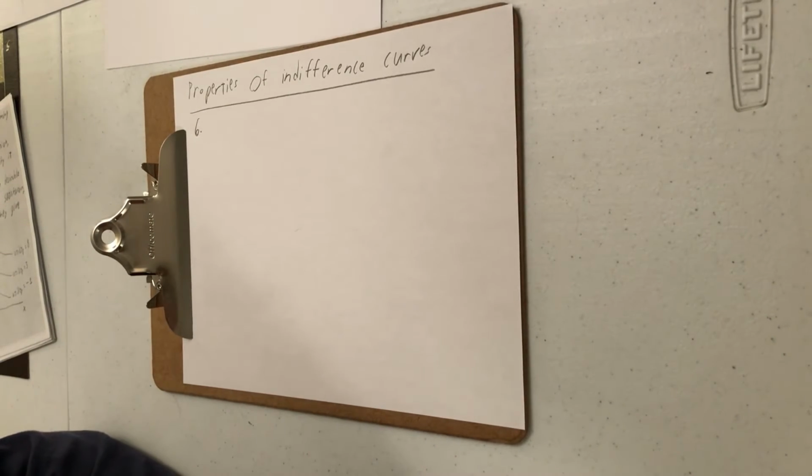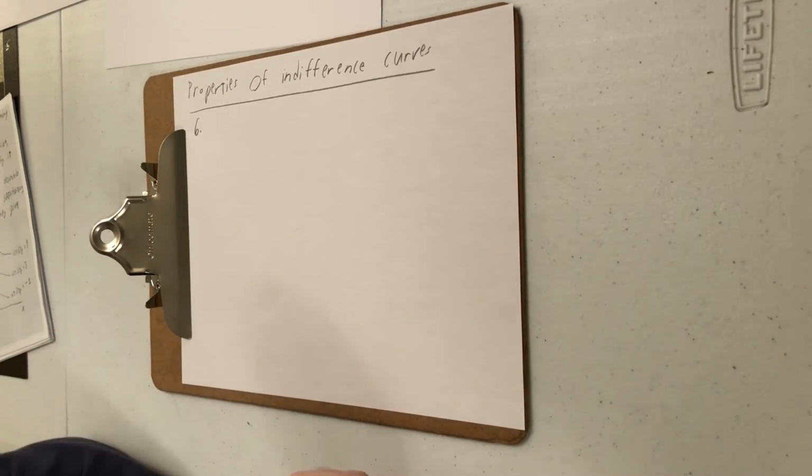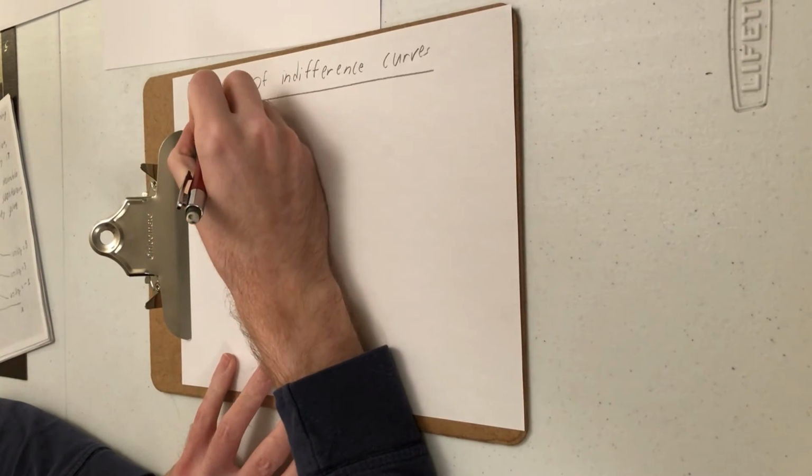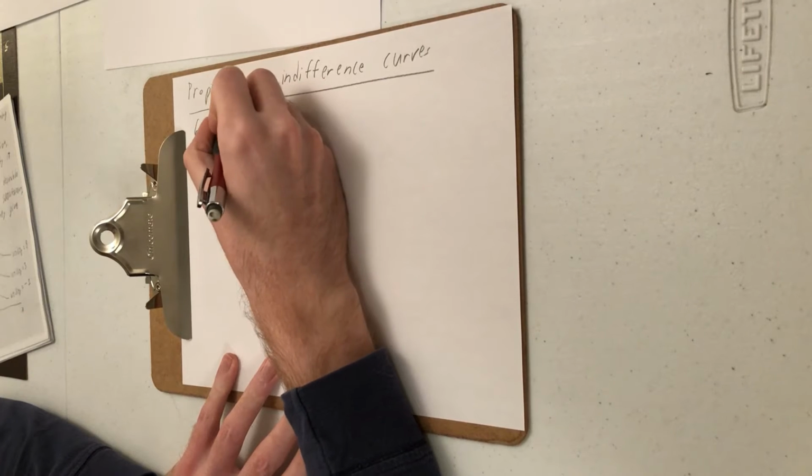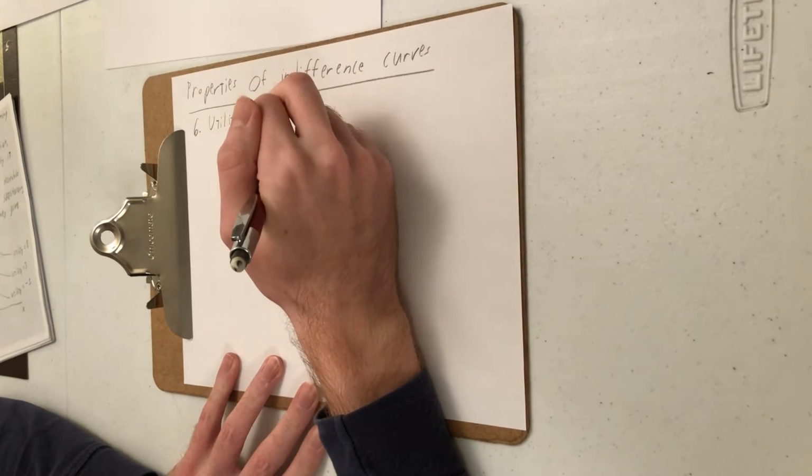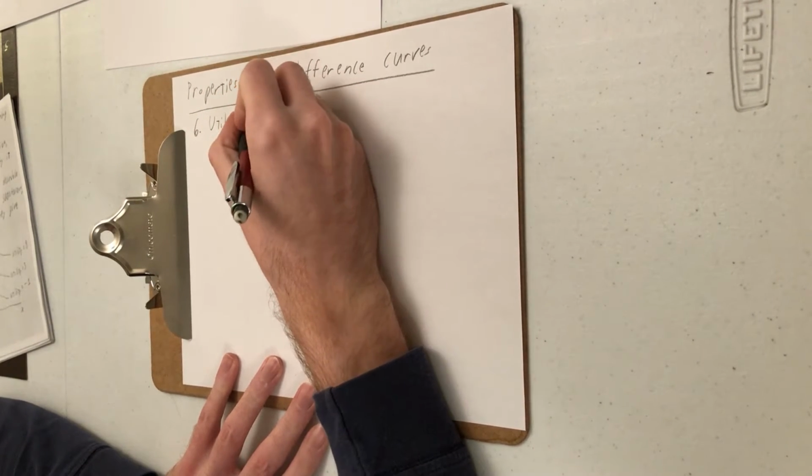Hello students. So in this video we'll finish up the last two properties of indifference curves. So property number 6 is that utility doesn't change on an indifference curve.